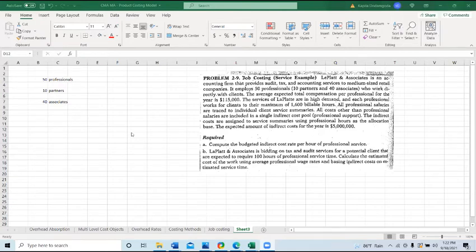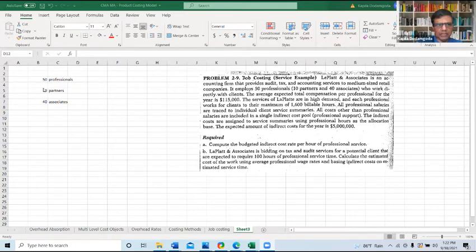Yes. Right, sorry. So we have 50 professionals, out of which 10 partners and 40 associates. This is the combination who work directly with clients. So when you say they work directly with clients, it is something that can be directly billed to the clients.